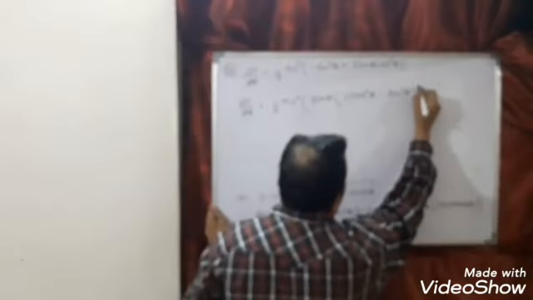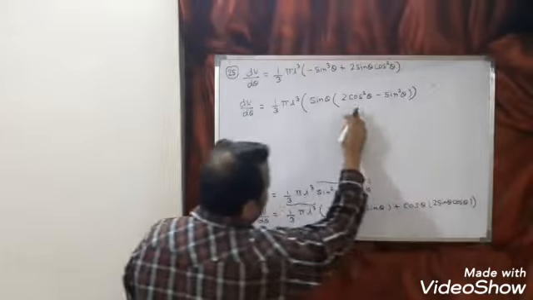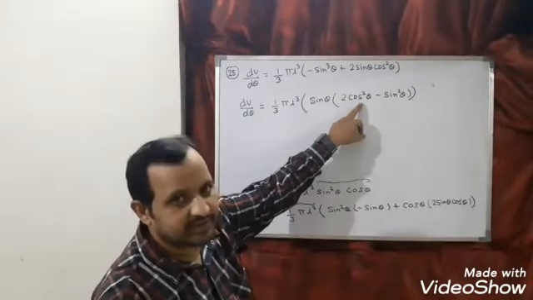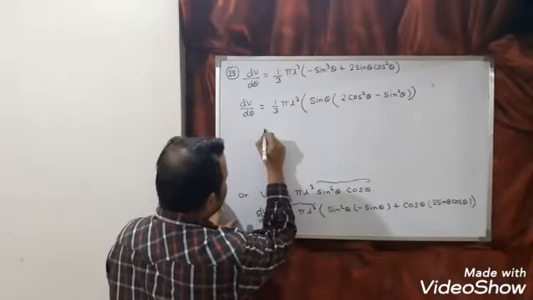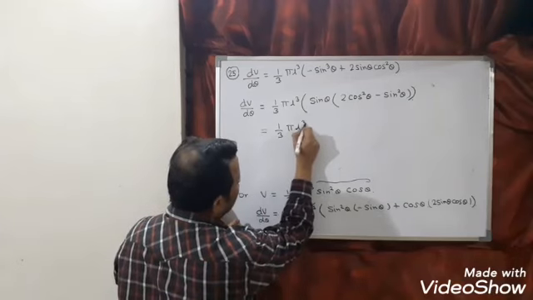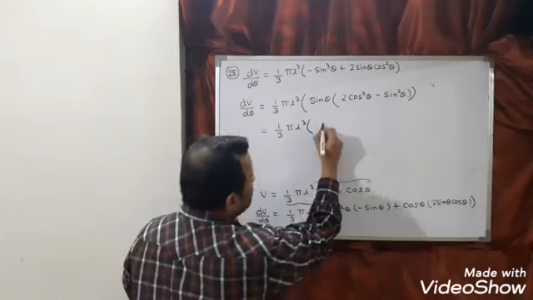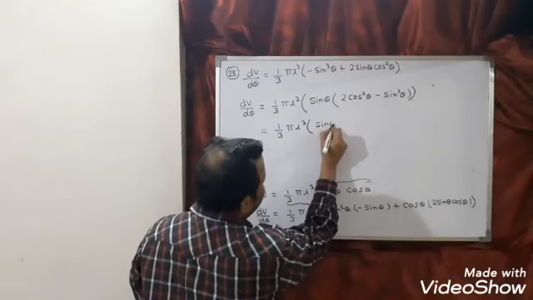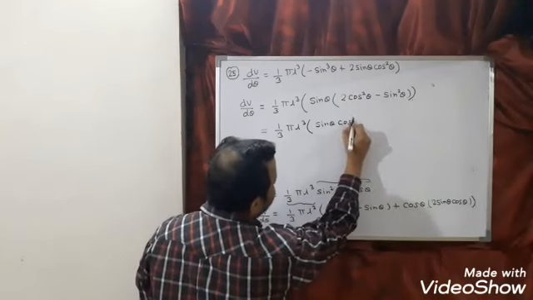Now what I am doing here is, I am taking cos square theta common. So take common, what you will get? You will get 1 by 3 into pi L cube sin theta cos square theta.